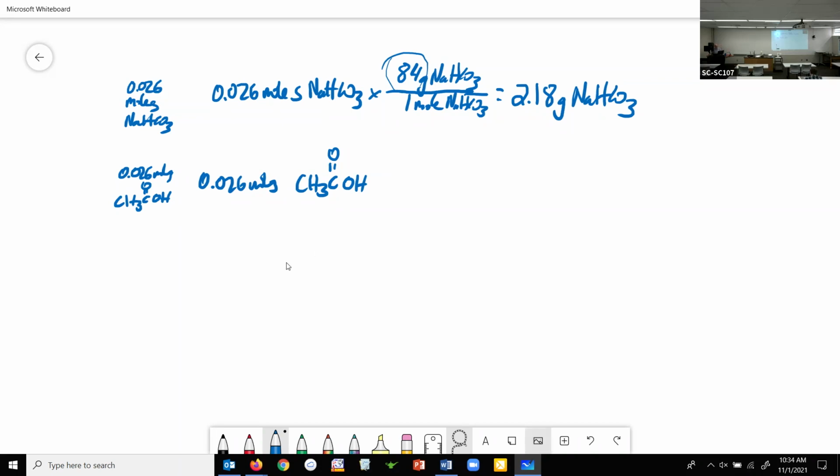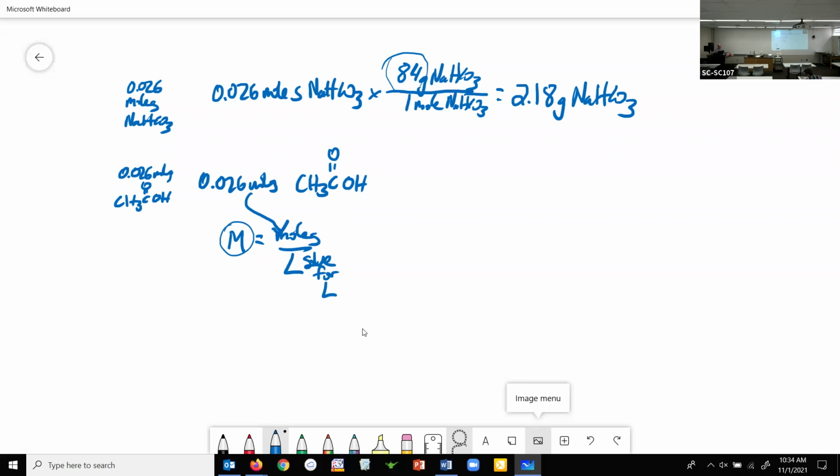What we'd like to do is be able to use the idea of molarity. We know the number of moles. If we only knew the molarity, we could then solve for the volume, because it's a solution. We want to be able to pour it out. That's the easiest way to measure out a solution.